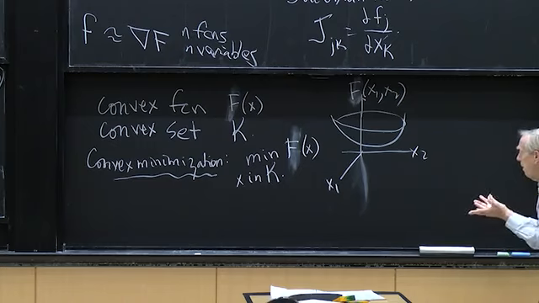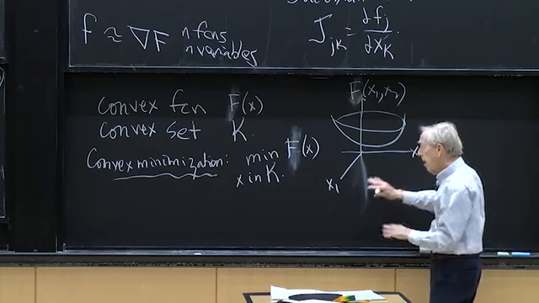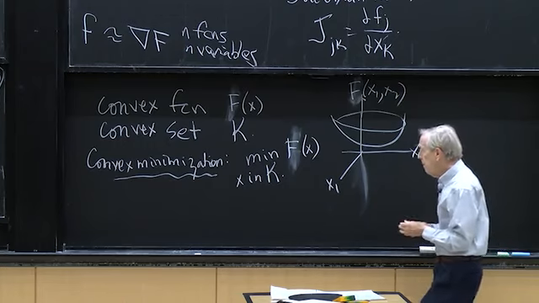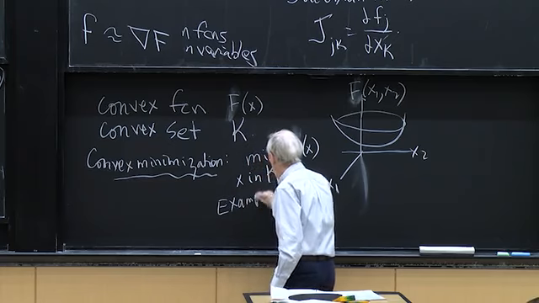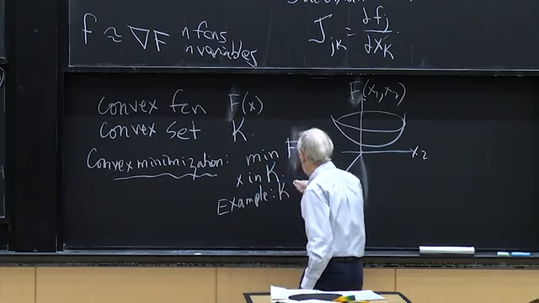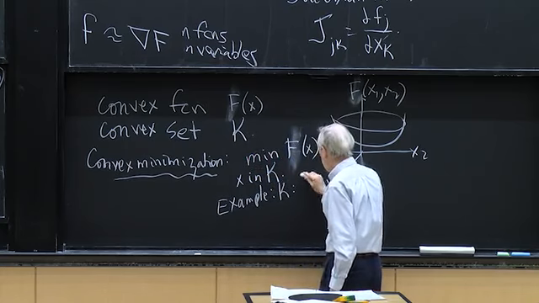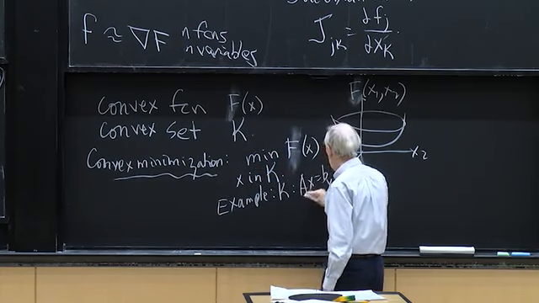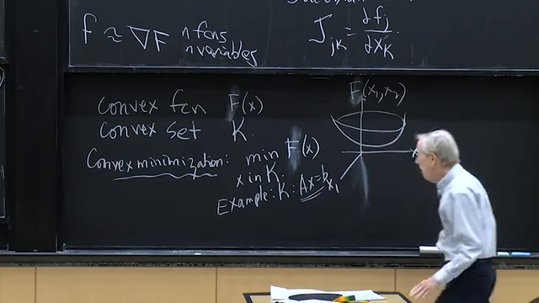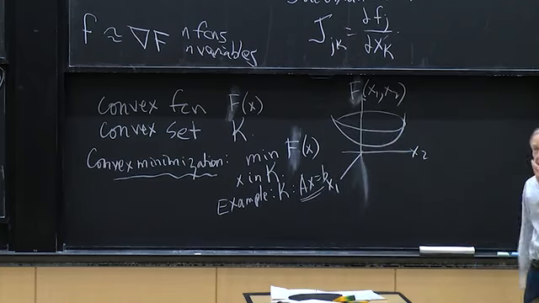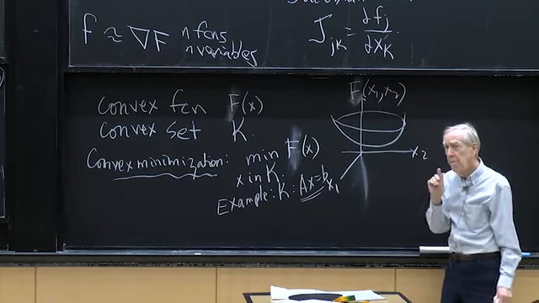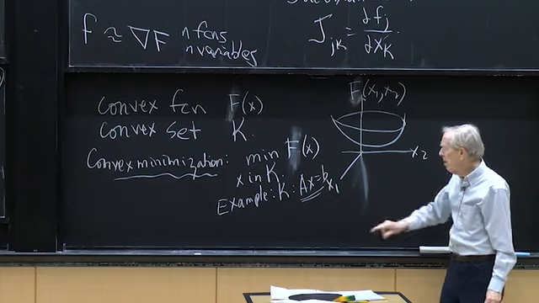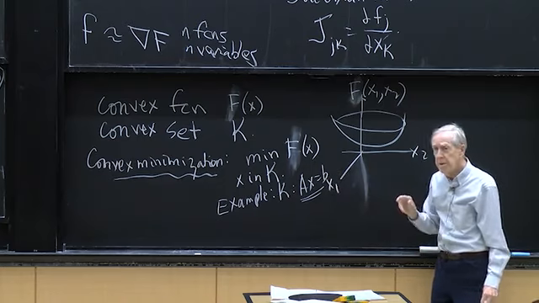Now I'm minimizing over certain x's, not all x's. I might be minimizing, for example, over K being the set where Ax equals b. K might be, in that case, a subspace, or a shifted subspace. When I said subspace, 1806 is reminding me that I only have a subspace when b is 0.